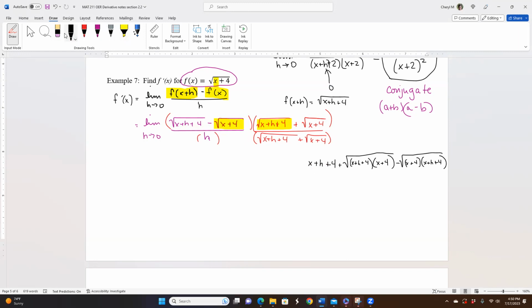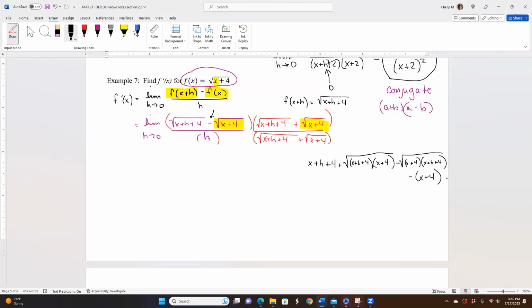And finally, we'll multiply last times last. Since they're the same expression, the square root of x plus 4 times the square root of x plus 4 will just give us x plus 4, but it will be subtracted because this is a minus times a plus.